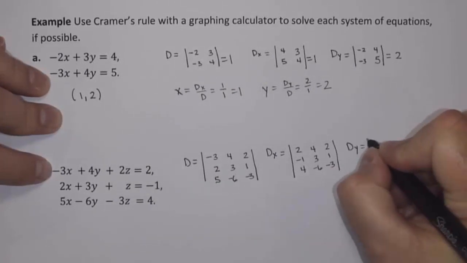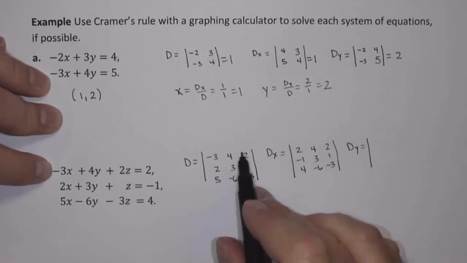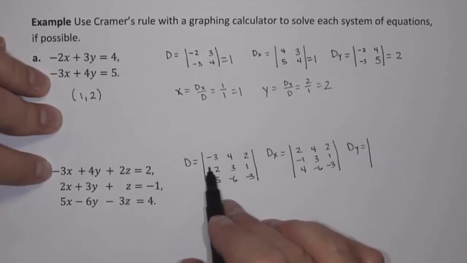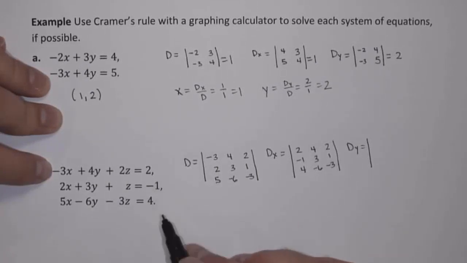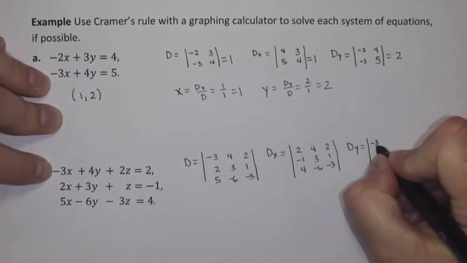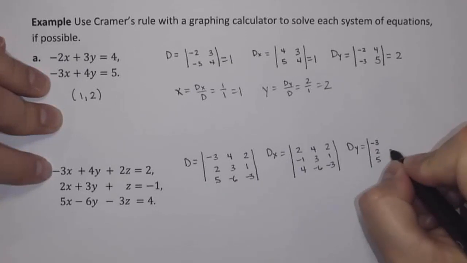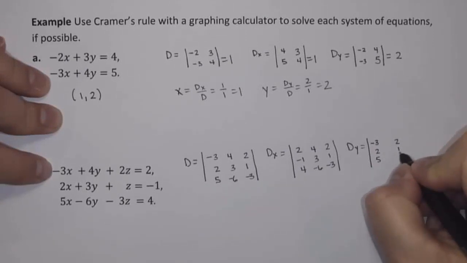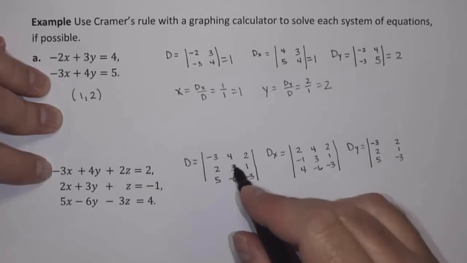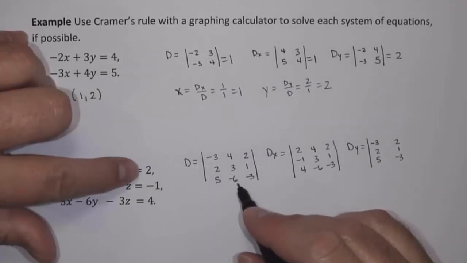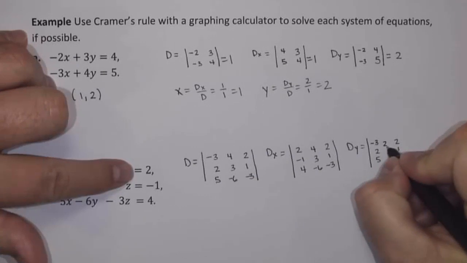dy, again, is going to be the same as this D determinant, except I'm going to replace the y coefficients with the constants. So this column, -3, 2, 5 is going to stay the same. This column 2, 1, negative 3 is going to stay the same, but I'm going to replace the 4, 3, negative 6 with the constants 2, negative 1, 4.